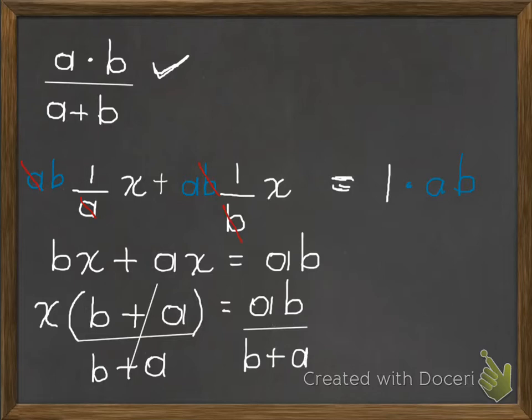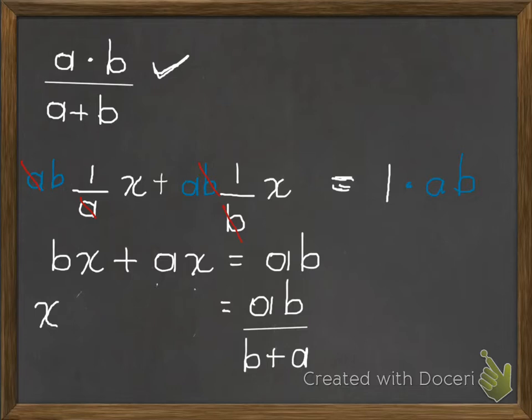And we're left with x is equal to A times B over B plus A, which is the same as A times B over A plus B, because addition and multiplication are commutative.